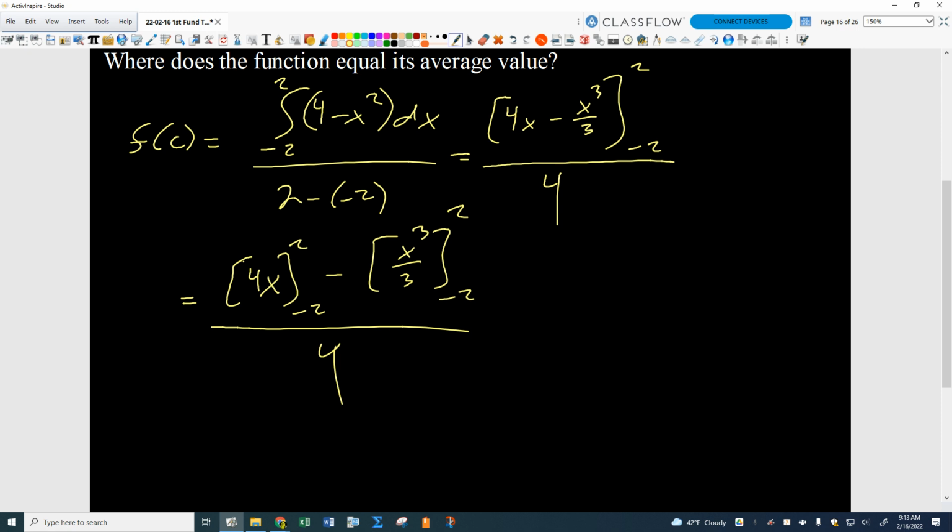In fact, I was thinking in this case that I didn't even really have to do that, honestly, because I can see this whole function is odd. I didn't even need to do that stuff, right? Everybody get that? Because how do I know that's odd? Because it's a polynomial with only odd exponents. So if I apply the test for odd functions to that, it's guaranteed.